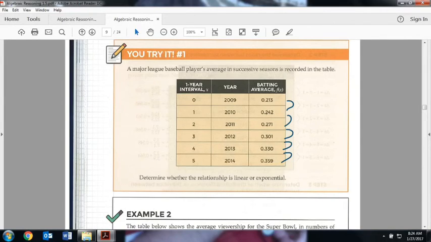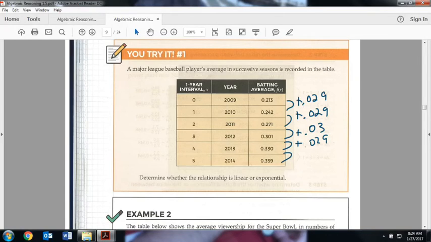So 0.242 minus 0.213, that's 0.029. 0.271 minus 0.242, that's 0.029. 0.301 minus 0.271, that's 0.030. 0.330 minus 0.301, that's also 0.029.